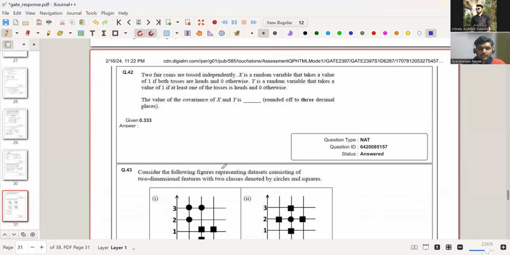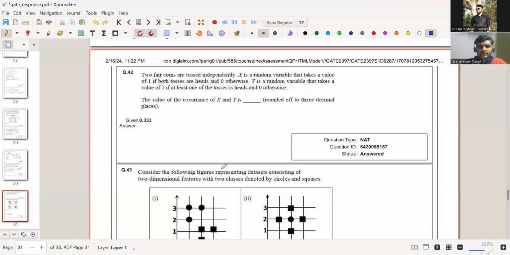Two fair coins are tossed independently. X is a random variable that takes a value of 1 if both tosses are heads and 0 otherwise. Y is a random variable that takes a value of 1 if at least one of the tosses is head and 0 otherwise.